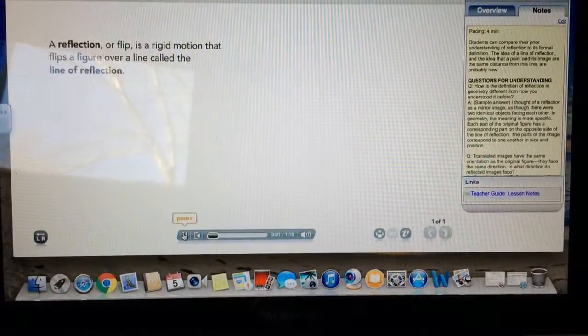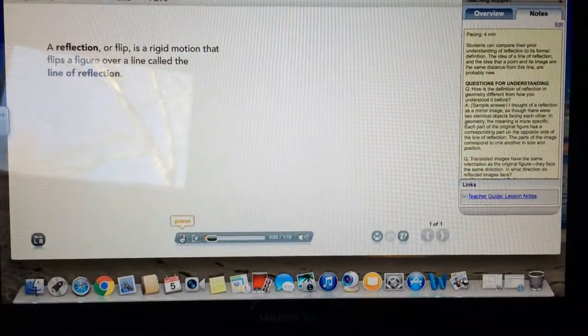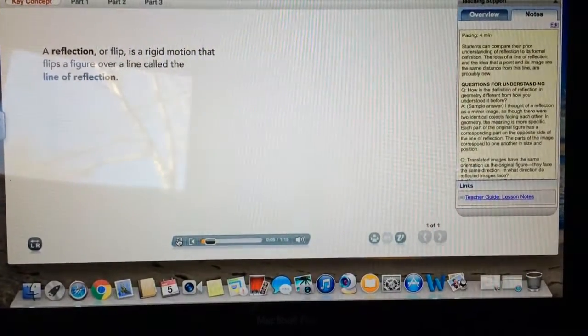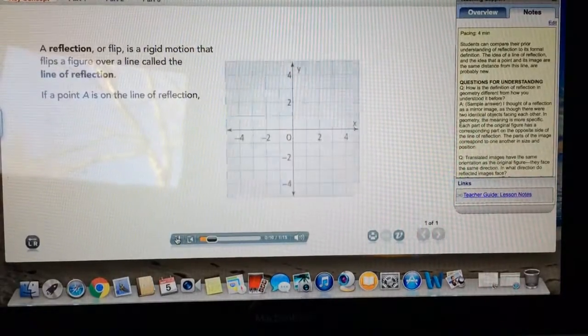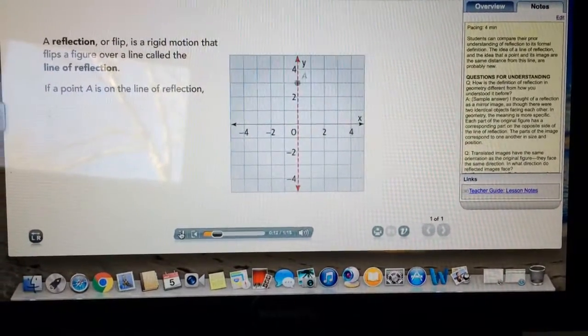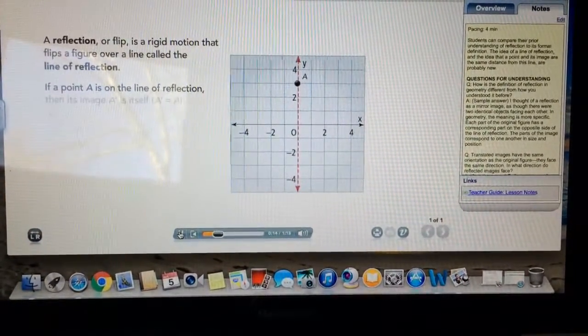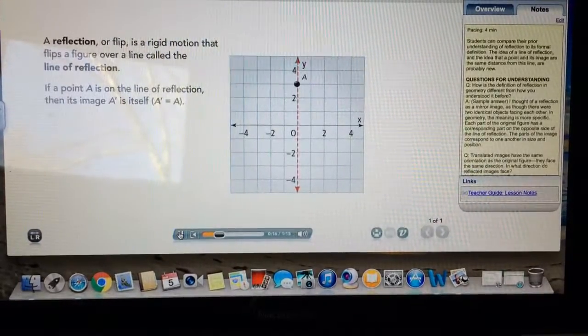A reflection or flip is a rigid motion that flips a figure over a line called the line of reflection. If a point A is on the line of reflection, then its image A' is itself.